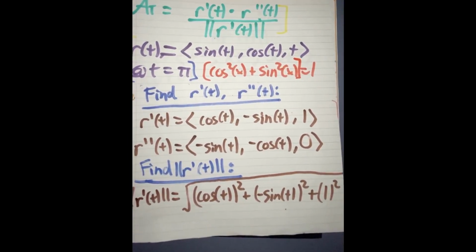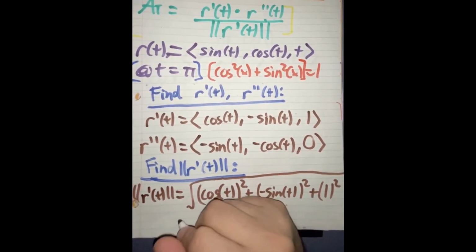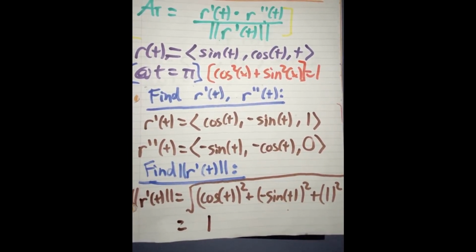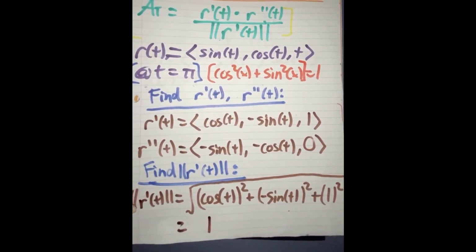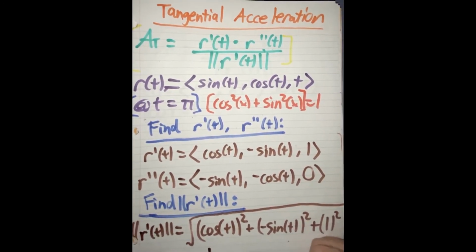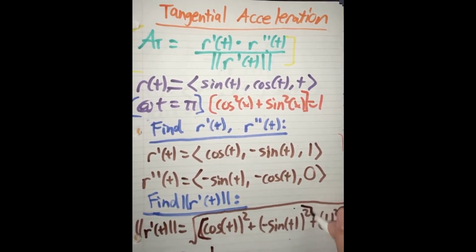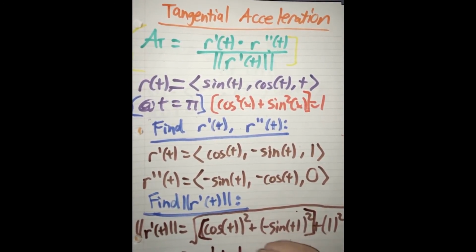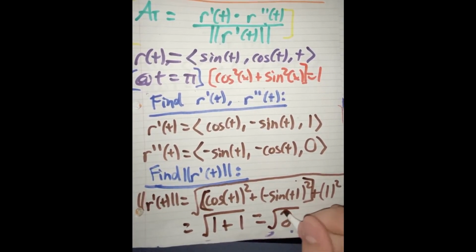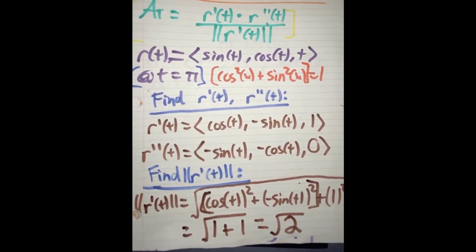I would say get familiar with trig identities, because they come up a lot for these type of problems, for curvature, tangential acceleration, all that stuff. So these two are 1, plus 1 squared is just 1. So this is equal to the square root of 2. That's our magnitude of r prime.